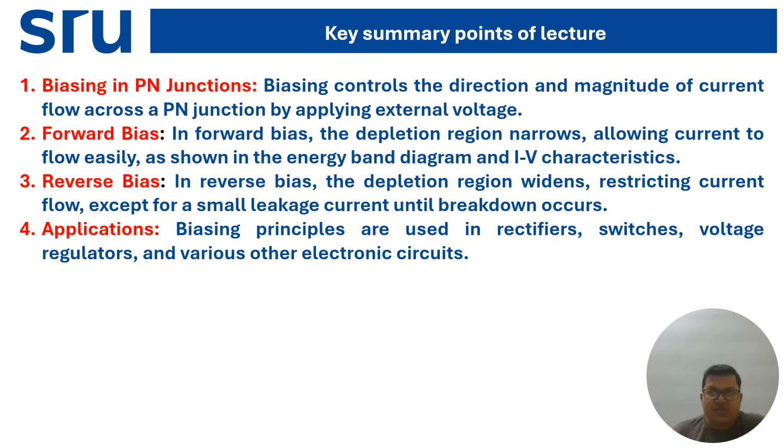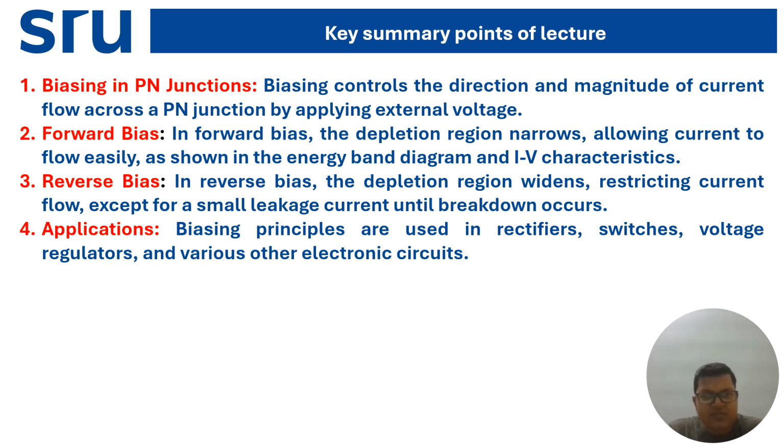Okay, so what we learned here is biasing in a PN junction. Biasing controls the direction and magnitude of current flow across a PN junction by applying an external voltage. And what are forward bias and reverse bias? In forward bias, the depletion region narrows, allowing the current to flow easily, as shown in the energy band diagram and the IV characteristics. On the other hand, in reverse bias, the depletion region widens, restricting the current flow, except for a small leakage current until breakdown occurs.